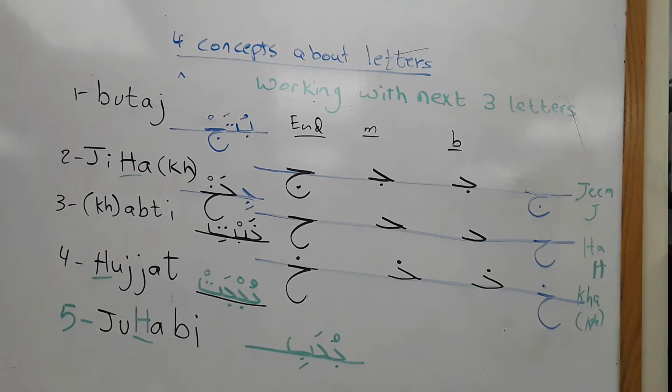Finally, where to put the letter on the line. That's what we call orientation. What is the orientation of this letter? In this case, you noticed as compared to first 3 letters, the beginning and middle forms have different orientation than the end form. And that's an important observation because this might happen with more letters later on.